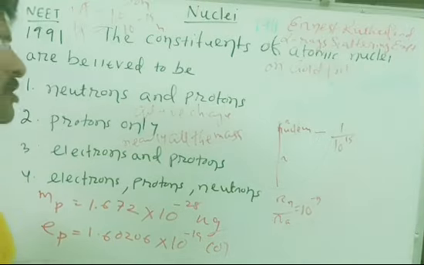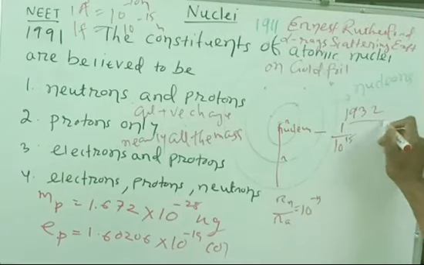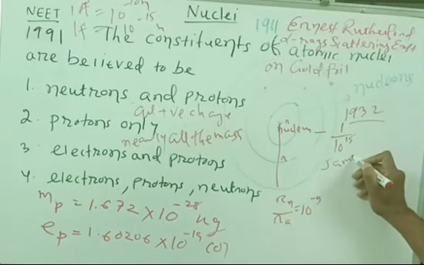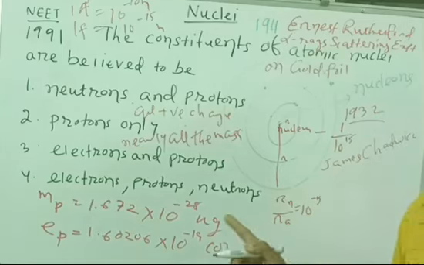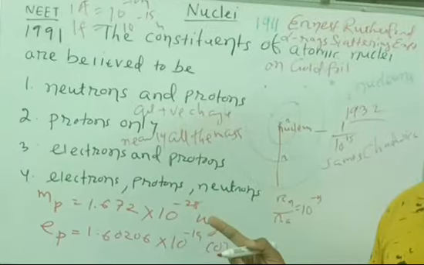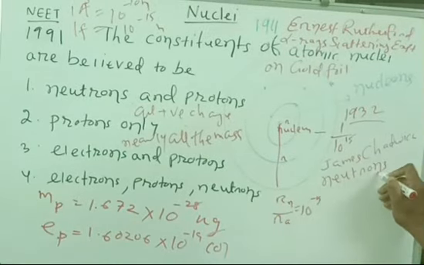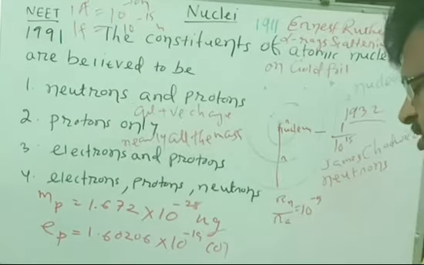But it was not known till 1932. In 1932, Sir James Chadwick discovered experimentally the neutrons, the neutral particles present inside the nucleus.